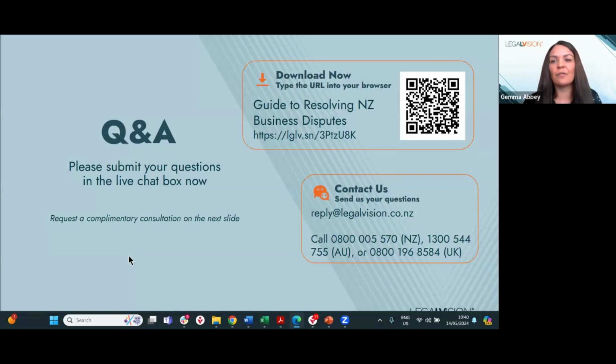In terms of first steps, it would always be to issue a letter of demand. Businesses can send those out to debtors. We find sometimes that as a point of escalation, a letter of demand from us can help move things along, but we provide full service in relation to debt recovery issues. And if you want to use your consult to find out more about how LegalVision can help you with your debt recovery needs, certainly give us a call.